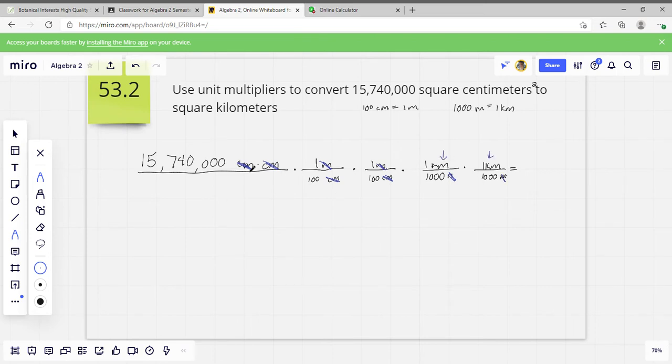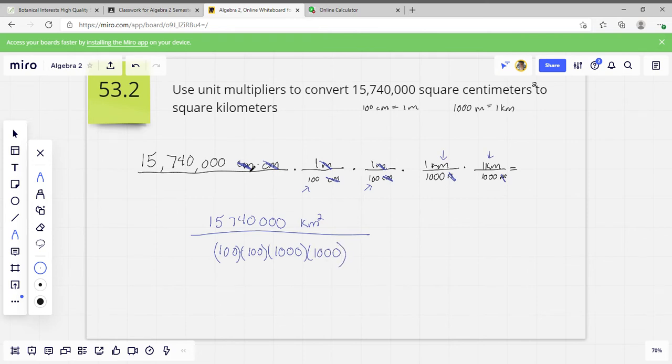Alright, so we're going to multiply across the top, and we got 15,740,000. And then we got kilometers squared, because it's kilometers times kilometers. And all that's being divided by, we've got 100 twice. So 100, 100 times 1,000 times another 1,000.